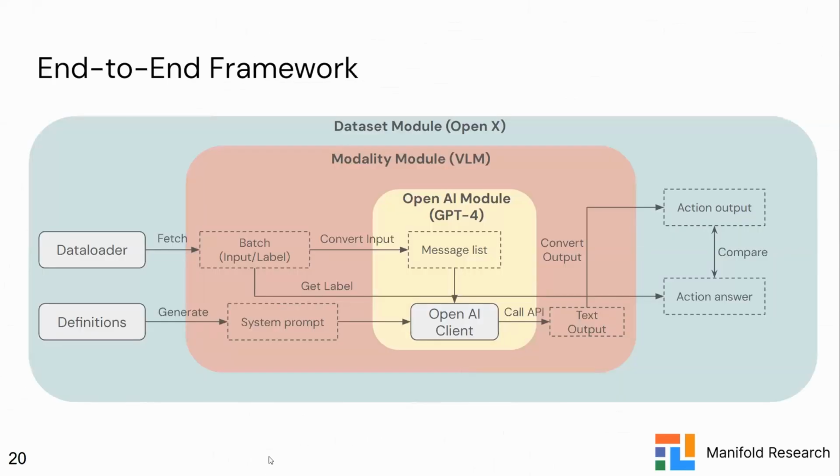Yeah, so now this is a simple diagram of how we are using GPT-4o in this benchmark framework. This can be extended for any other models later, but for now, I'm going to focus on GPT-4o. First, the dataset model deals with all dataset-specific logic. Here, the OpenX model uses the data loader specific to the OpenX dataset and fetches the batch from it.